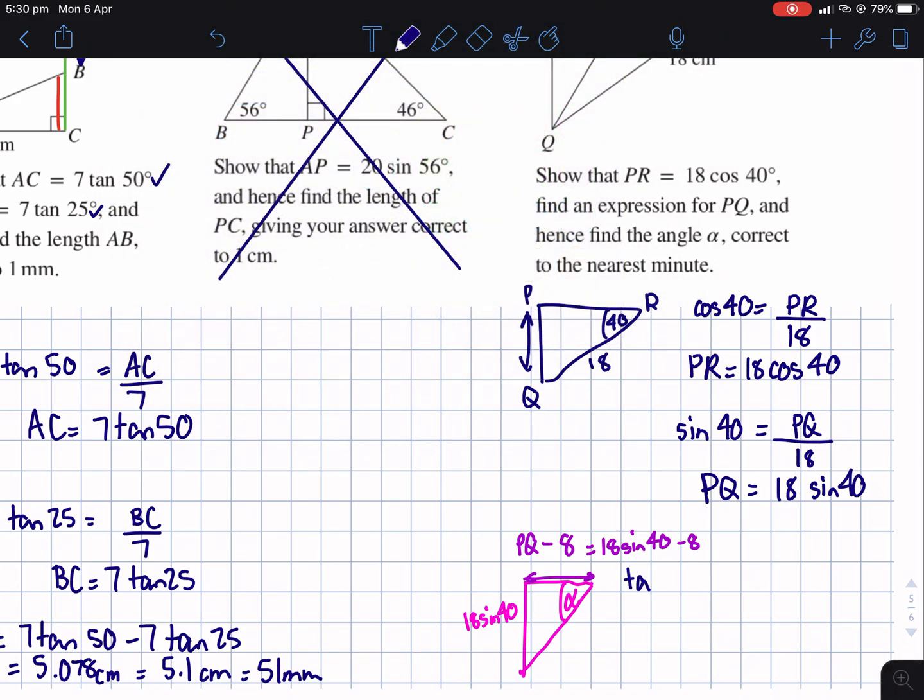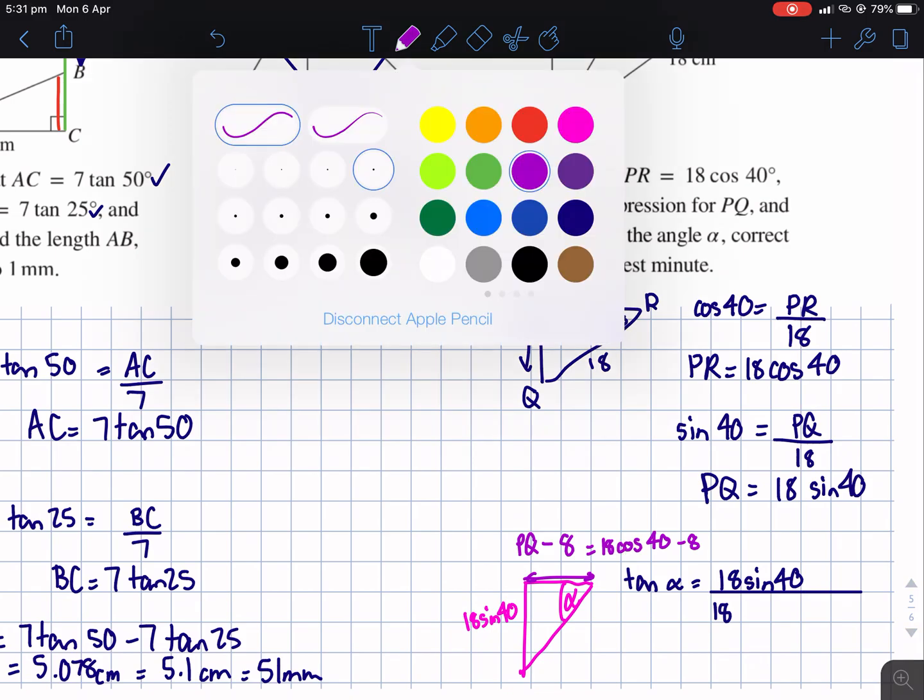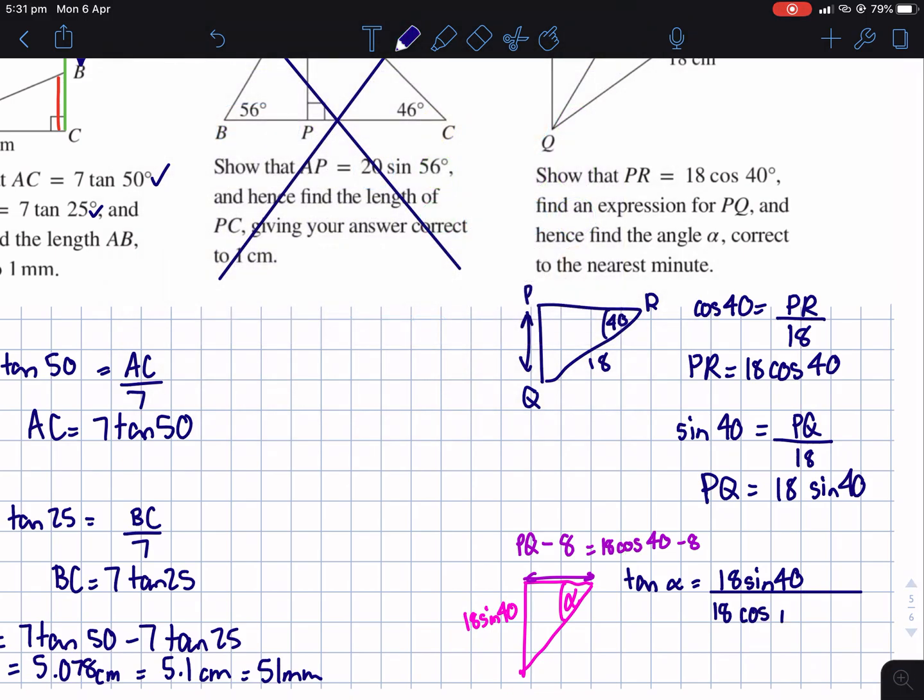So then, if I want to know alpha, tan alpha equals, and this is going to look so weird, 18 sine 40 over 18, this was cos, by the way, sorry, 18 cos 40 minus 8. Chuck that in your calculator. So 18 sine 40 over 18 cos 40 minus 8.